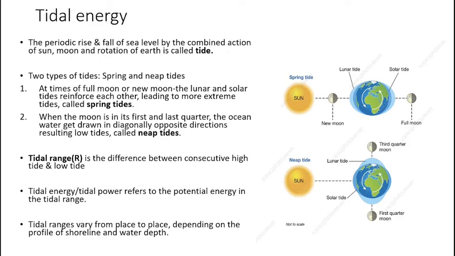And there are 2 types of tides, spring and neap tides. So look at the picture here. When sun and moon are in a line, their gravitational attraction on the earth combine, and that causes a high tide.